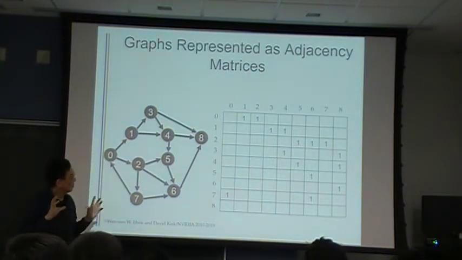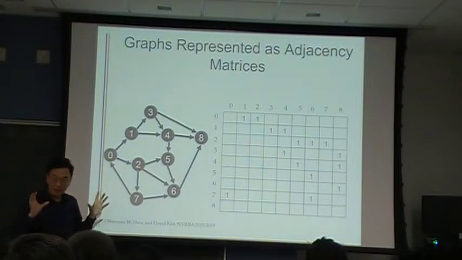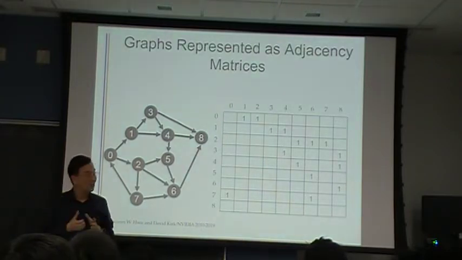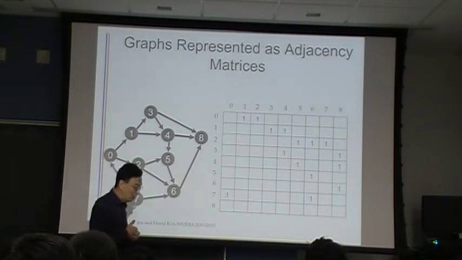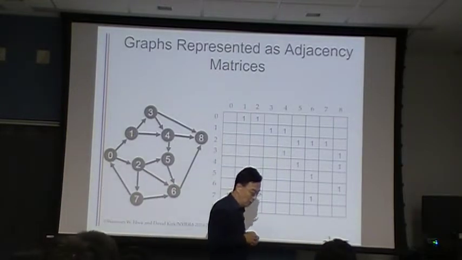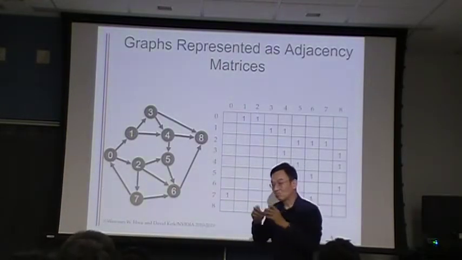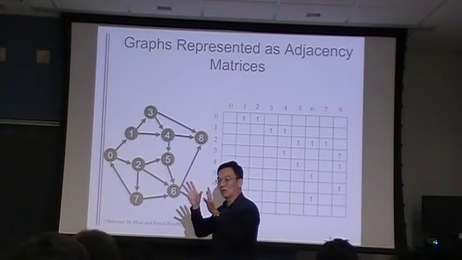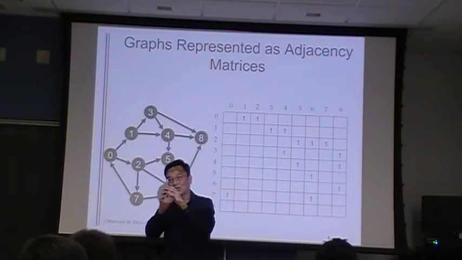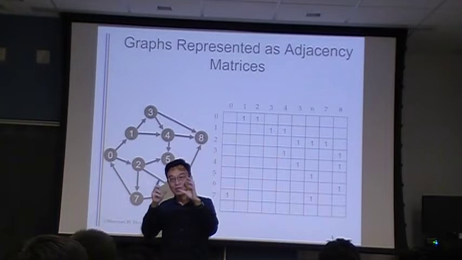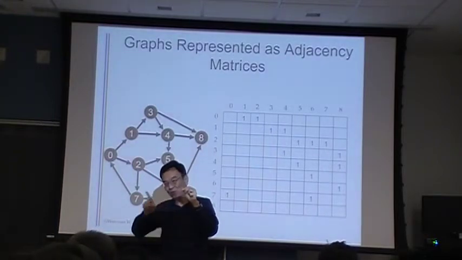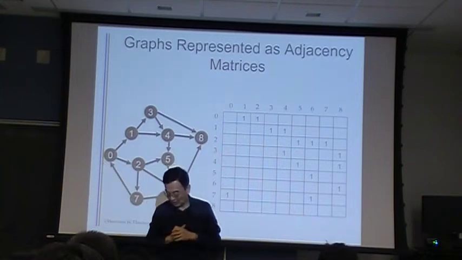So we can have these edges represented as pointers. Theoretically, we can represent a graph as a structure of nodes, and each node will have several edges coming out and pointing to the next node.